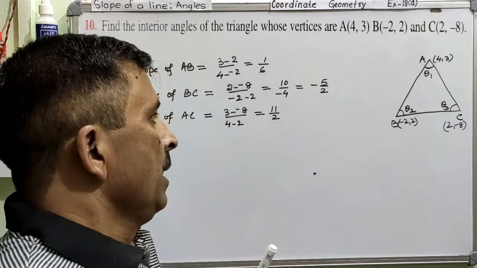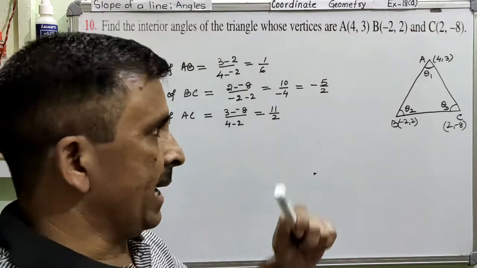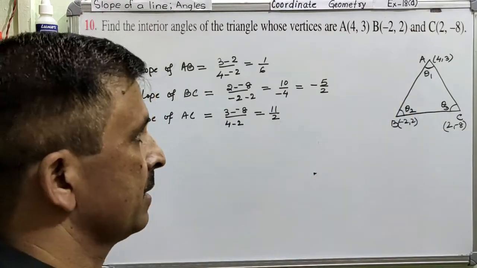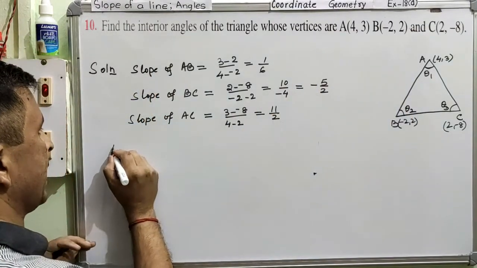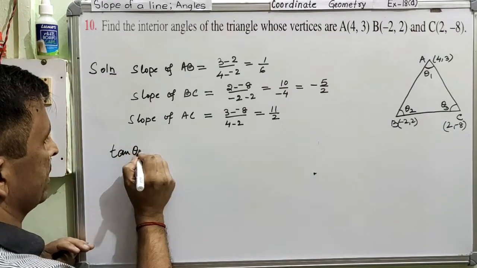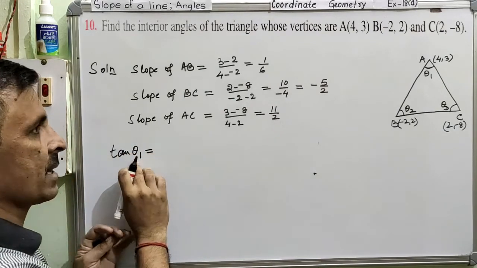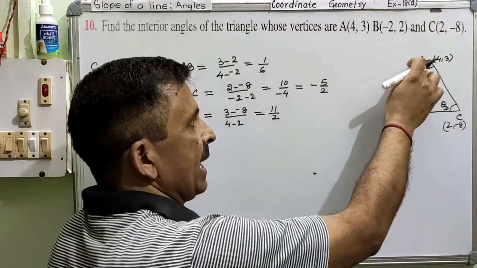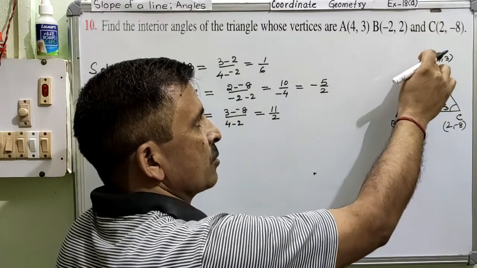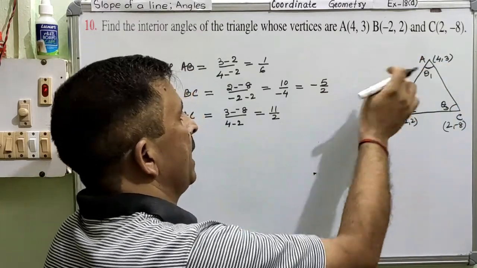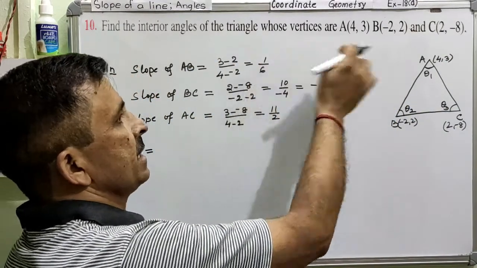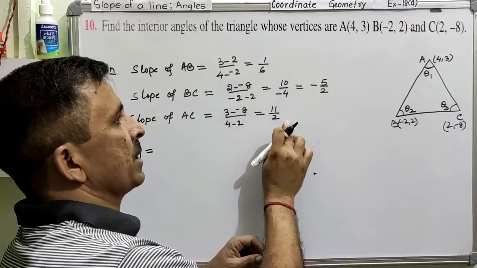Now we are going to start calculating the angle. So first of all I am going to start with theta 1. So tan theta 1. Now this angle theta 1 is between line AB and AC. So we need the slope of AB and AC. AB slope is 1 over 6 and slope of AC is 11 over 2.